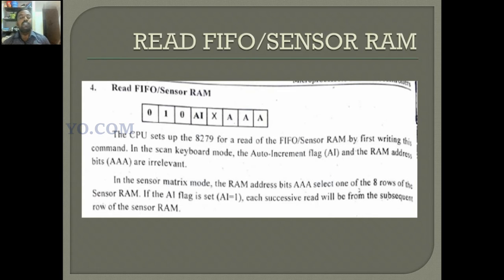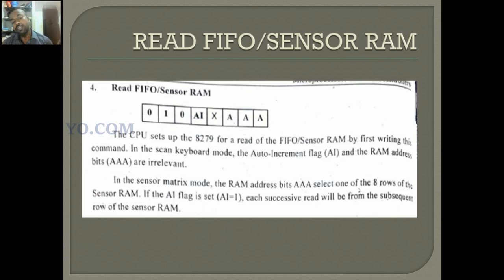This command consists of 5 active bits: the 3 A's are used for address and AI is used for auto increment. If AI equal to 1, the address is automatically incremented for every write or every read operation.